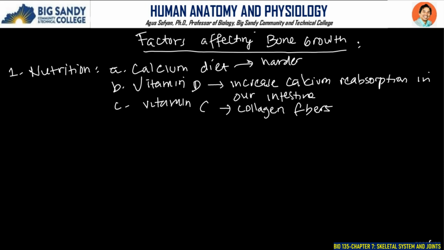Vitamin C is needed to make the bone become stronger, which is the formation of collagen fibers in the bones. There are some other vitamins that are also needed for bone growth, vitamin K and B, especially B12.